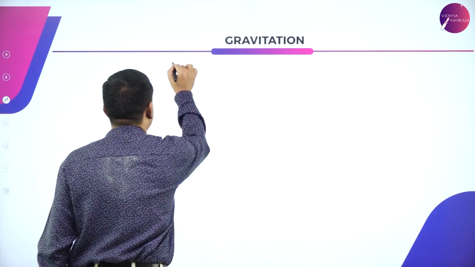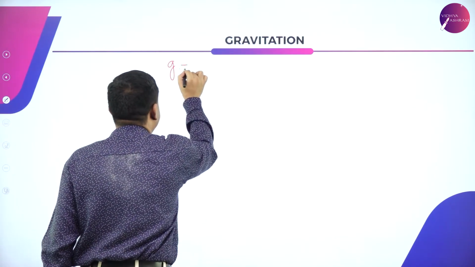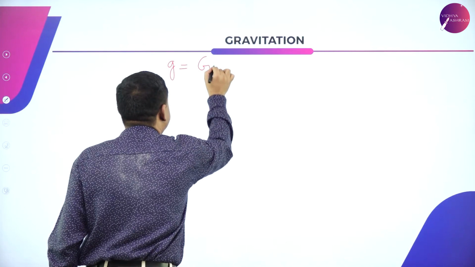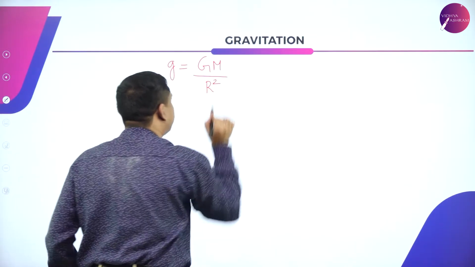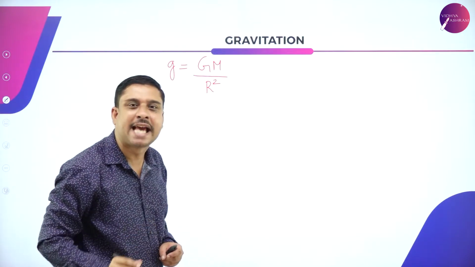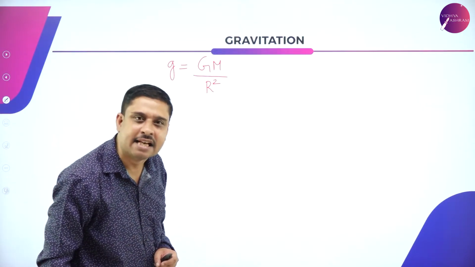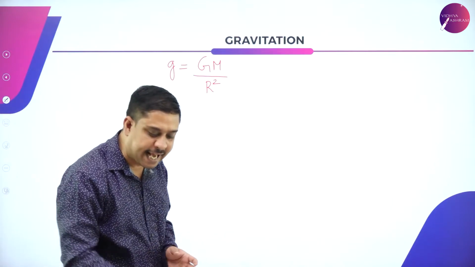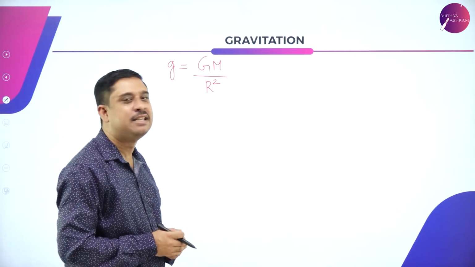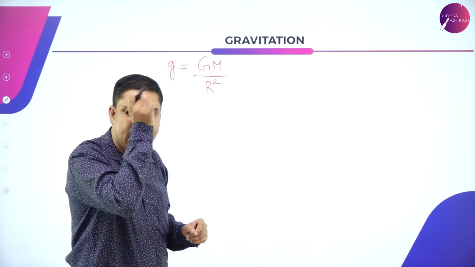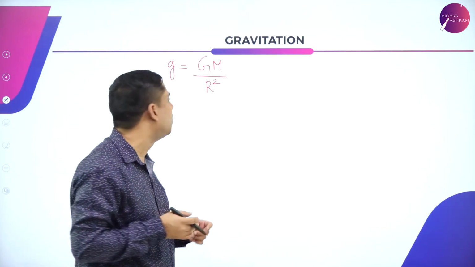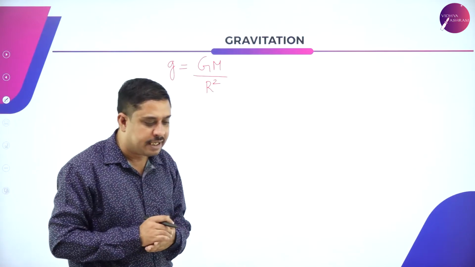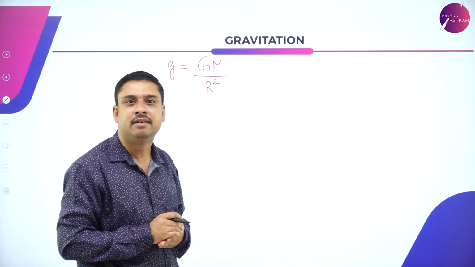So we have small g equals G M by R square. What is capital G? Yes, it is gravitational constant. What is M? Mass of the earth, and that has to be calculated. R, radius of the earth.